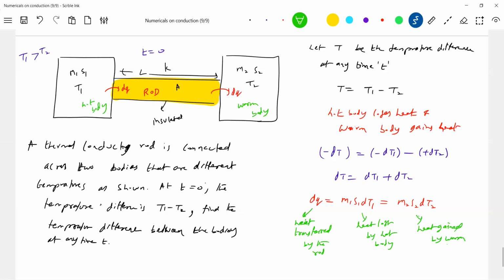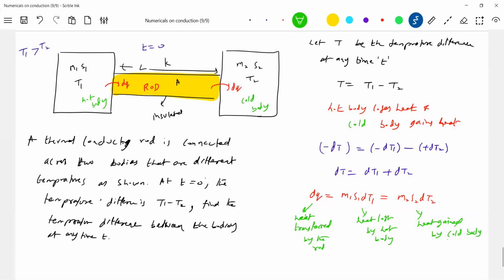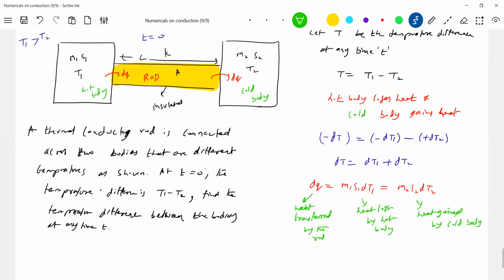Or if you want to write cold body, I'll write it as cold, so that it will be easy for you. Hot, cold, so it will be clear for you. Heat gained by cold body. Okay, I agree with this. So there's a condition.